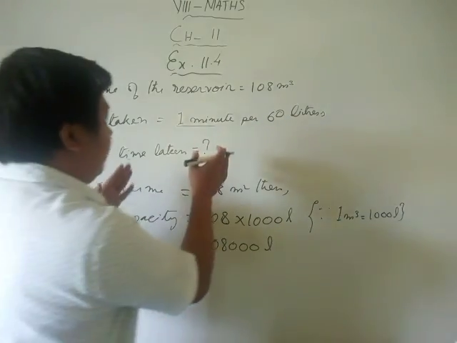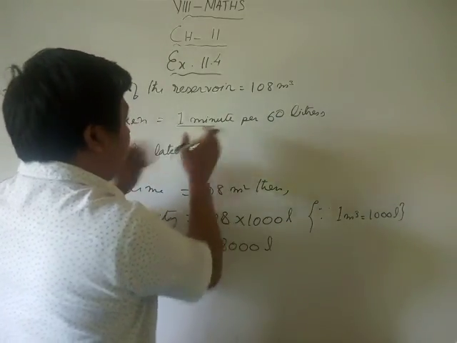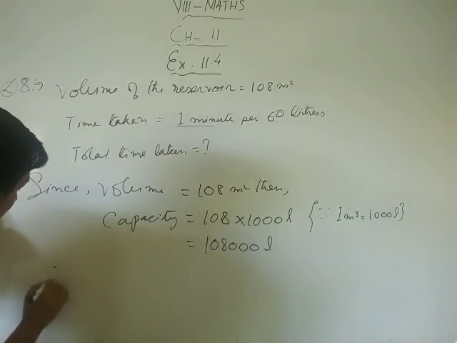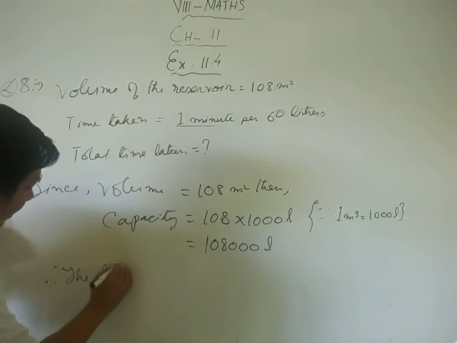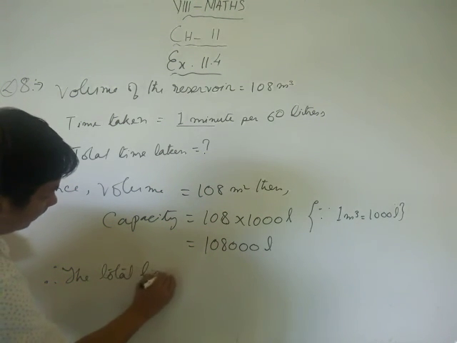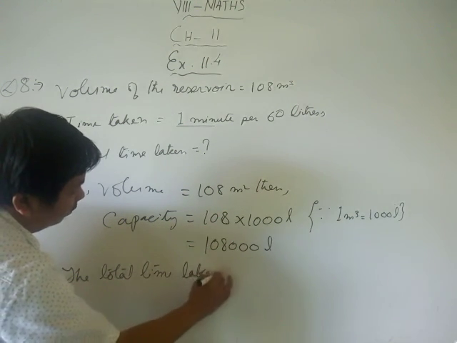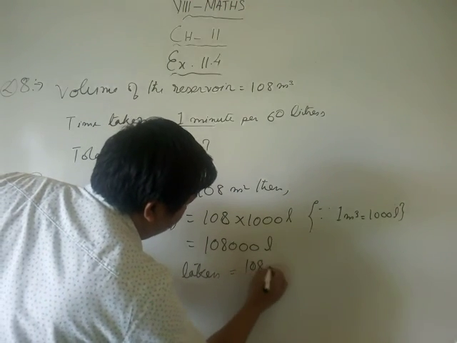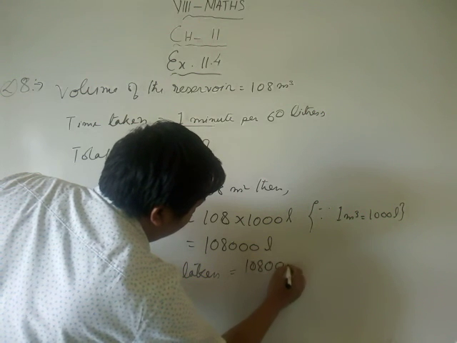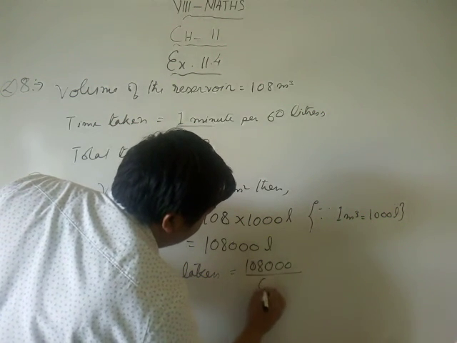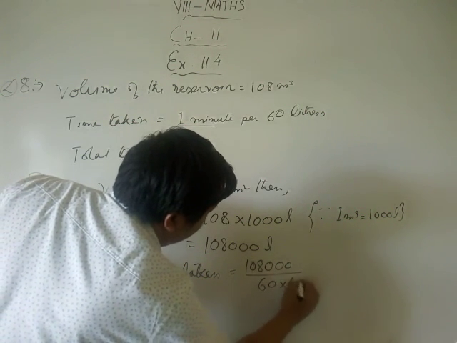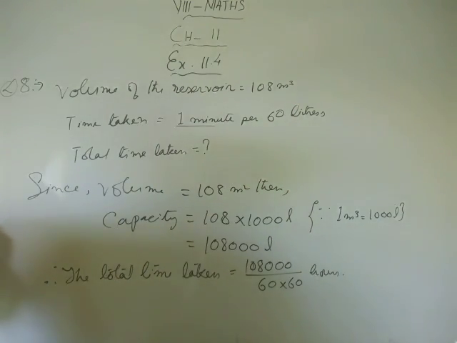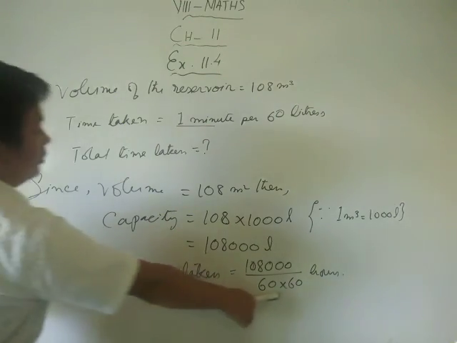Now in every 1 minute, 60 liters are filled. So how many hours? Therefore, the total time taken is 1,08,000 divided by 60 into 60 hours. If we want hours, it means 60 into 60, isn't it?